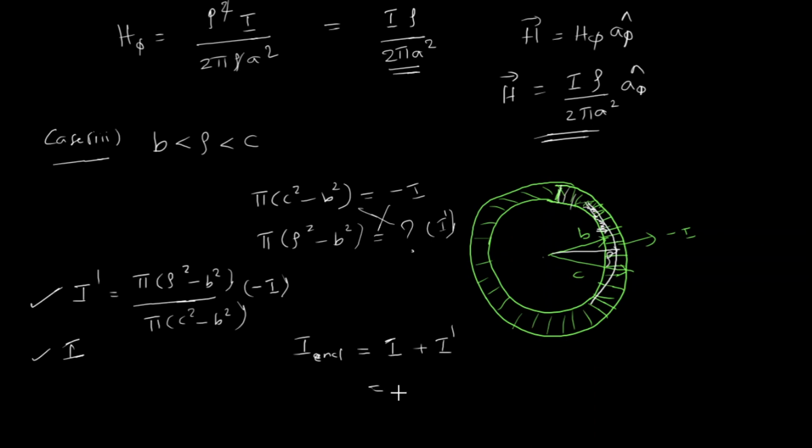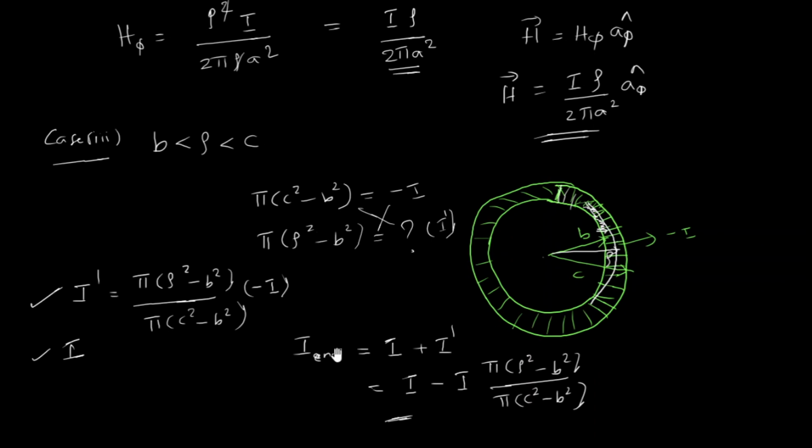That is nothing but I minus, because I dash is minus I, so I minus I multiplied by pi rho square minus b square divided by pi c square minus b square. So this is my total I enclosed.